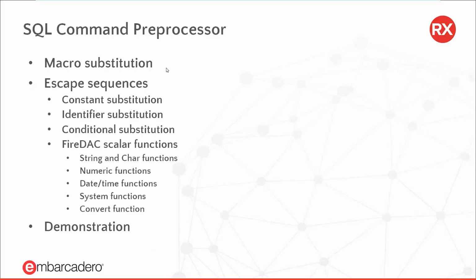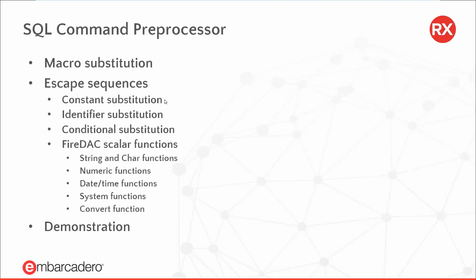macro substitution. Now, the escape sequences are probably a little bit more exciting, and there's 4 types of escape sequences that are recognized by the command preprocessor. Constant substitution allows you to embed constants within your code, and the constant will be represented appropriately in the format that the currently connected database requires.